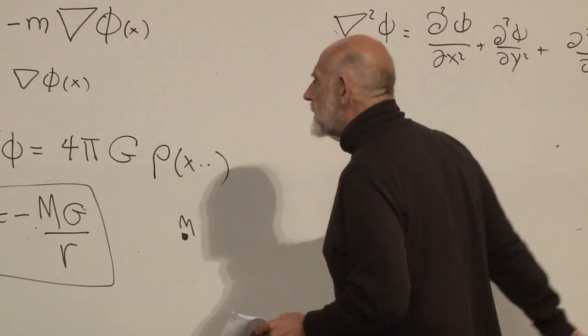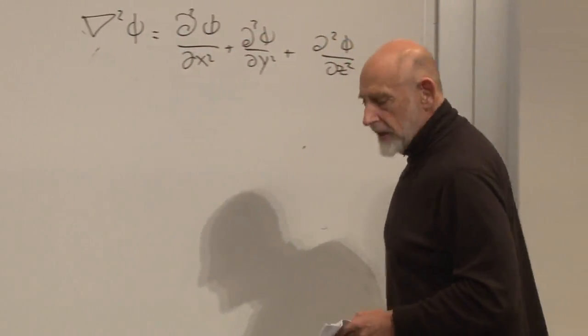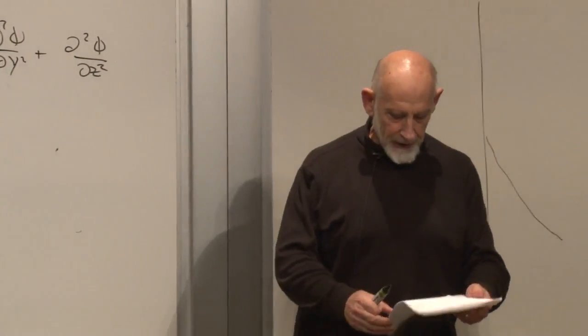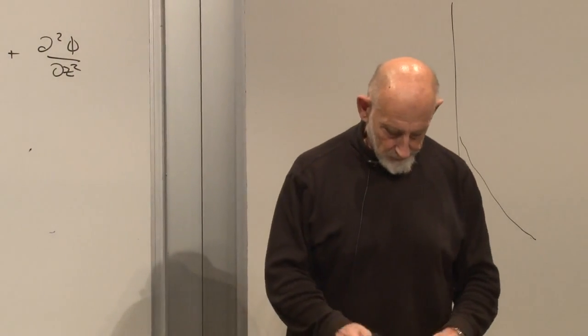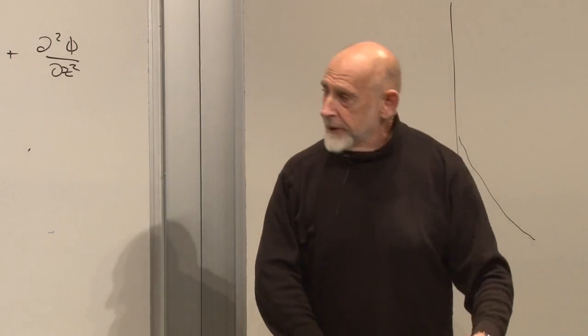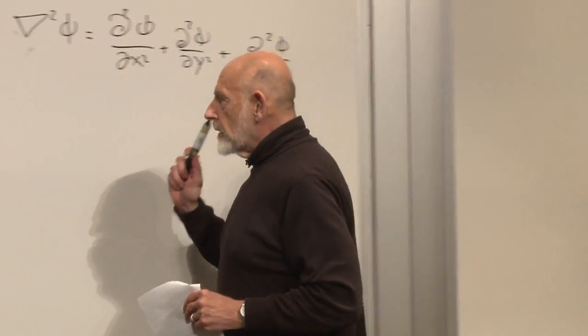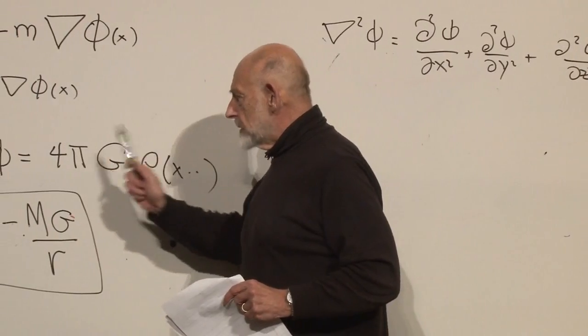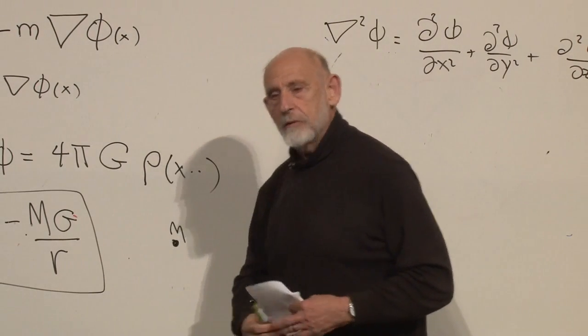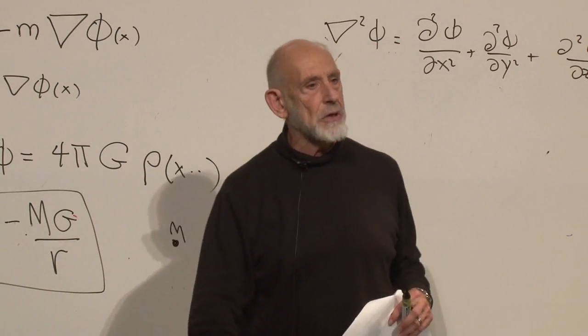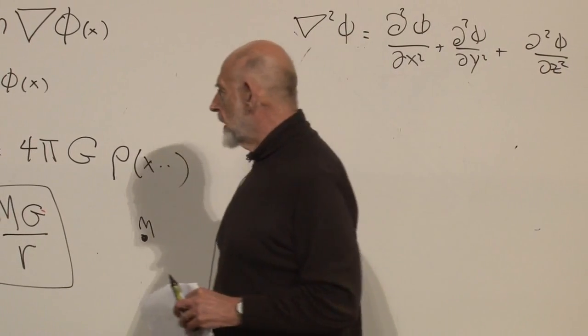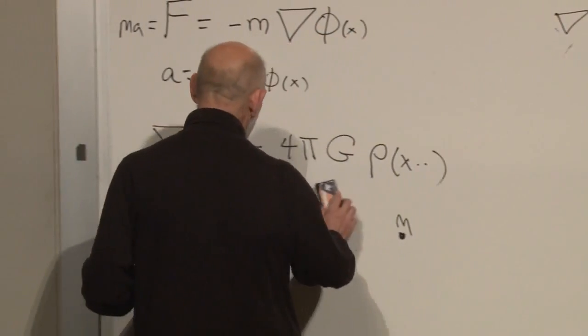But it's a way of writing the theory, making it look like a field theory. Okay. This is the thing that we want to replace, right here. We want to replace by something which makes sense relativistically, which makes sense in general relativity.